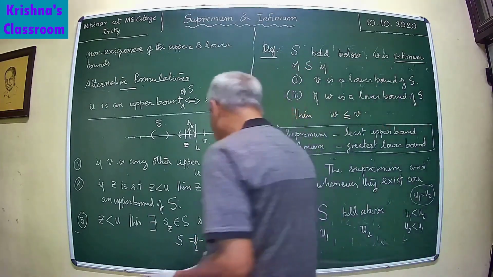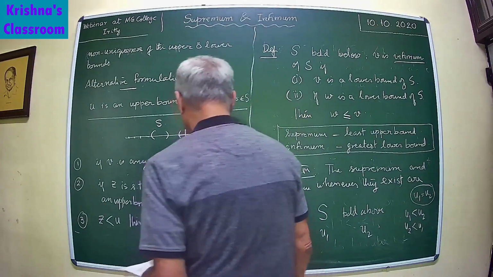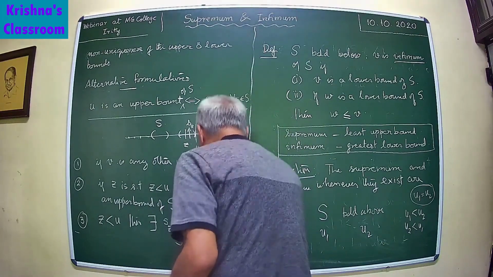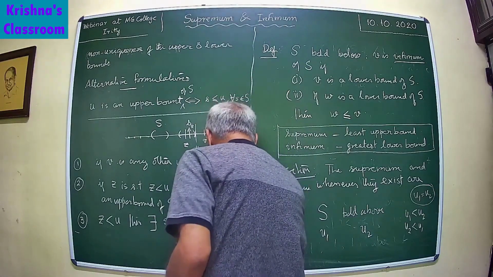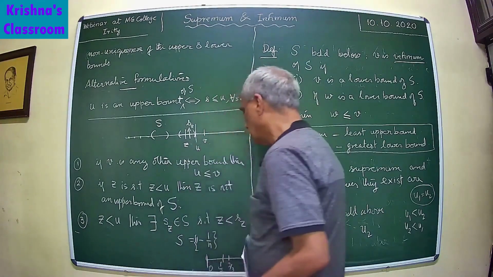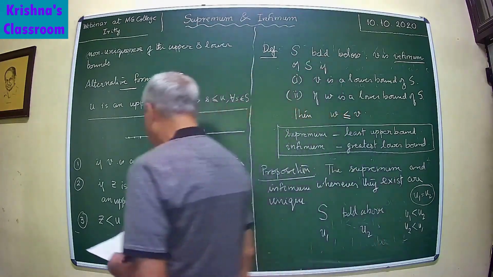So what do I have? You start from 0, then 1 by 2, then 2 by 3, etc. One can easily prove that 1 is an upper bound.